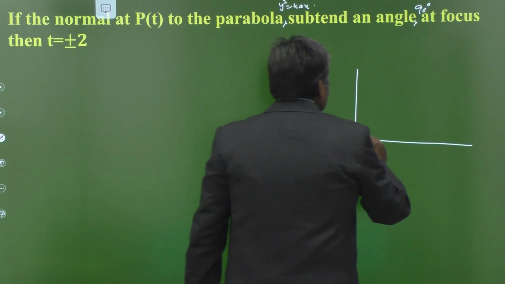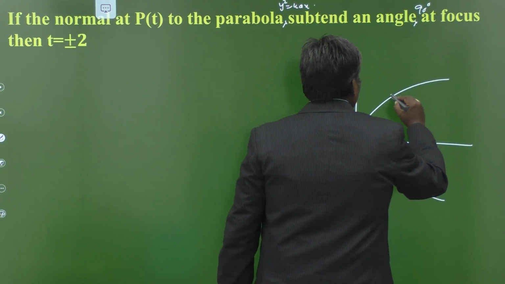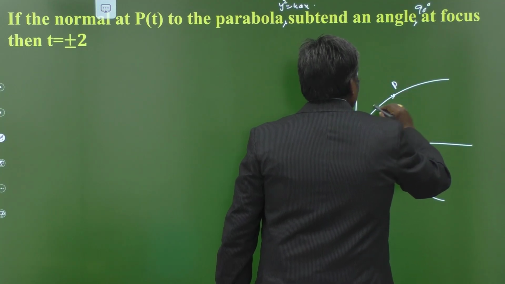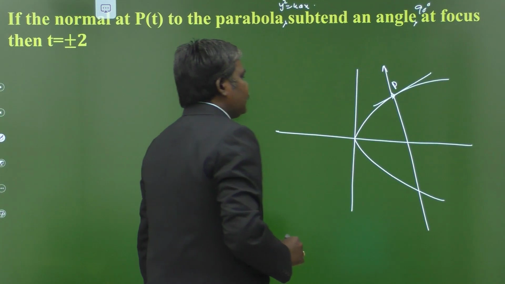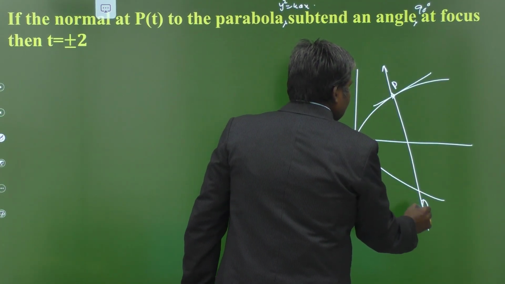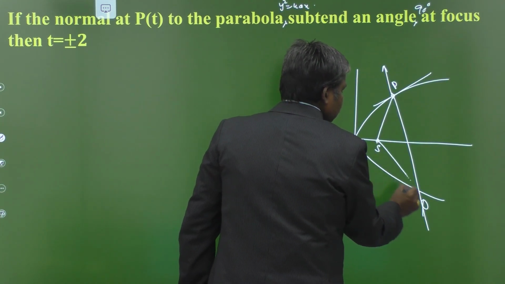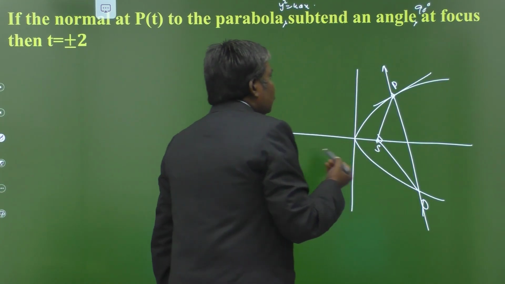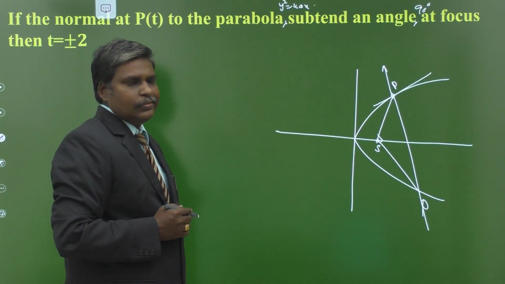Here the angle is 90 degrees at the focus. Suppose this is my point P, this is the tangent and it is the normal chord at P of T to the parabola. This normal subtends an angle 90 degrees at the focus. This is my focus. Then you are going to show that T is equal to plus or minus root 2.